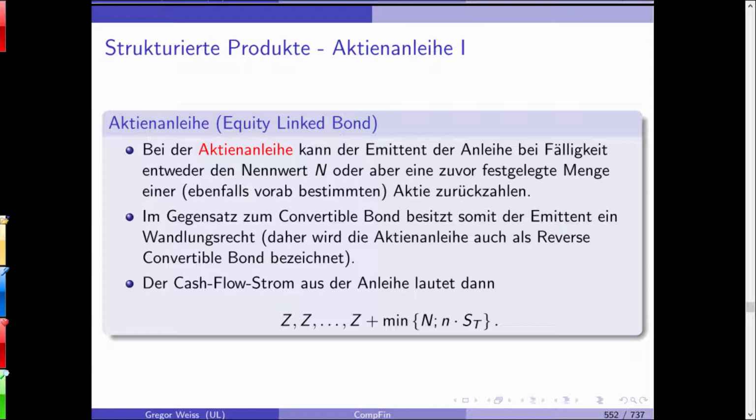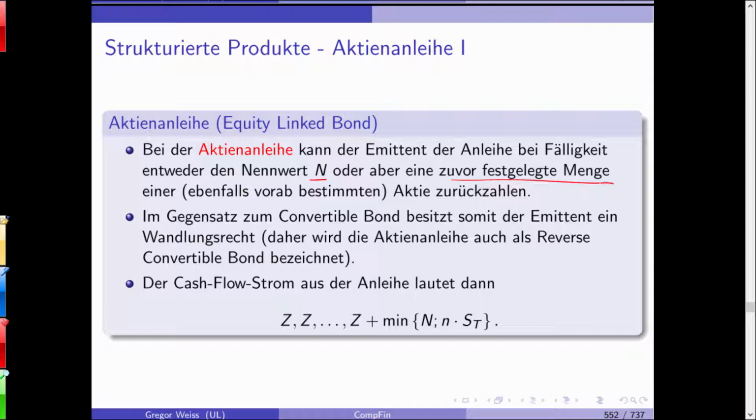What is an equity-linked bond? With an equity-linked bond, the issuer of the bond either has to pay back N or a previously fixed number of a stock. In contrast to a convertible bond, the issuer has a right to convert. Does everyone know what a convertible bond is?